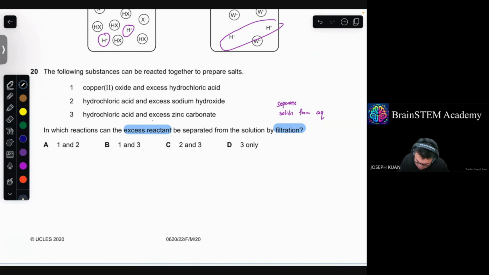Right, it's the solid that is in excess. For number 1, the acid is in excess, not the solid. For 2, both of them are aqueous solutions. Hydrochloric acid is an aqueous solution, and sodium hydroxide is also an aqueous solution. So the only answer possible is 3, which is donkey.